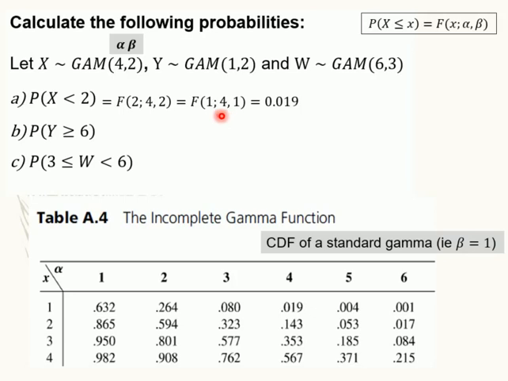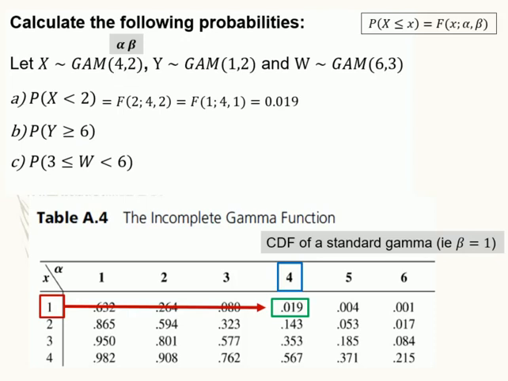So now we have a standard gamma. We want to find the parameter 4, which is your alpha, and then we need to find 1. And then you go across and down and you end up with 0.019. And that's how you get that answer.